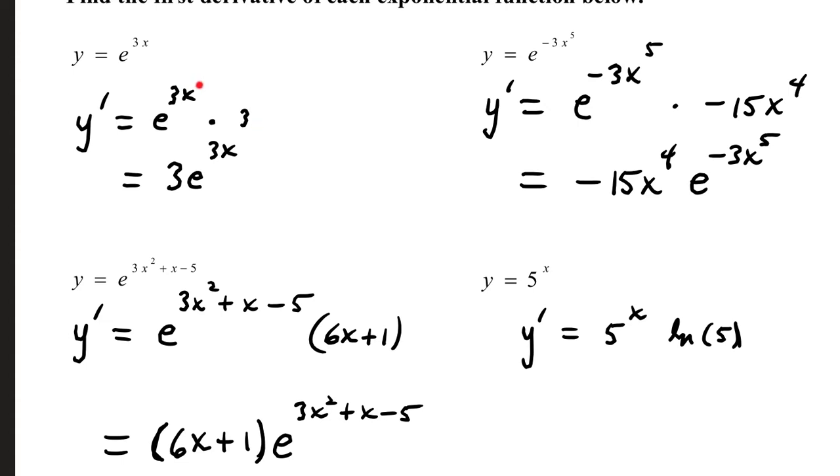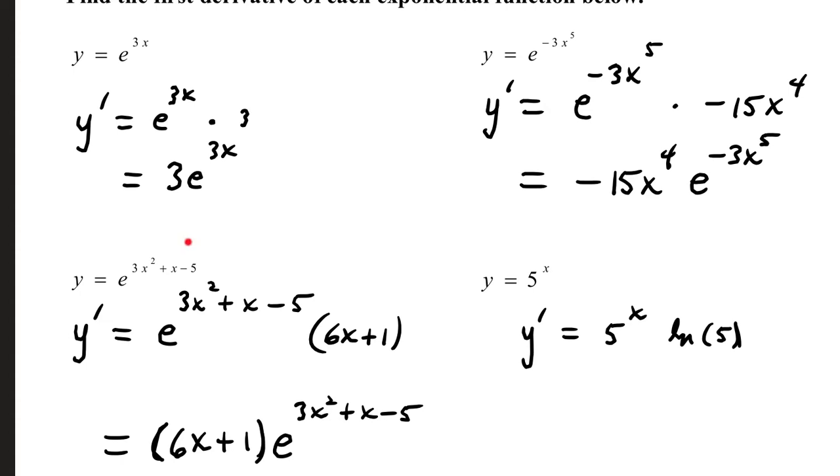So 3x has a derivative of 3, so we put that on the end. And that was the bottom formula, left side. We have a base number e, the power where it would be a u at the top. That would be the du dx. Derivative of 3x is 3. And then just to make it look clean, we moved the 3 to the front, so the derivative is 3e to the 3x.